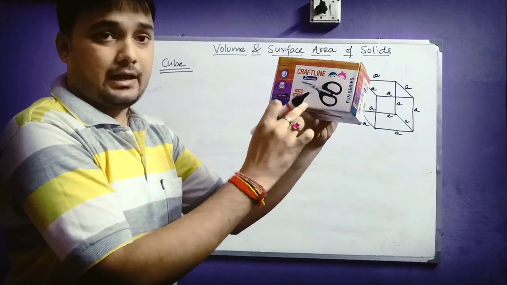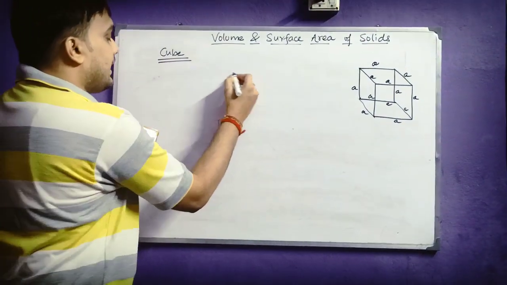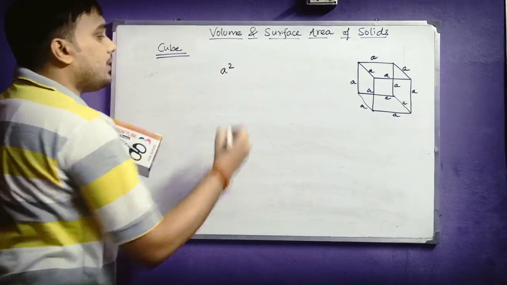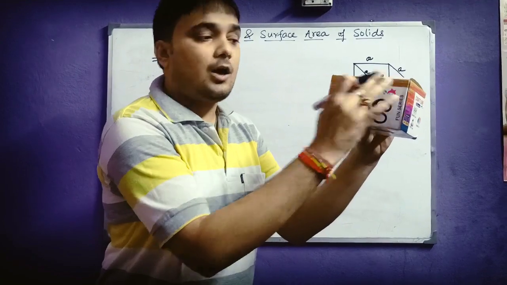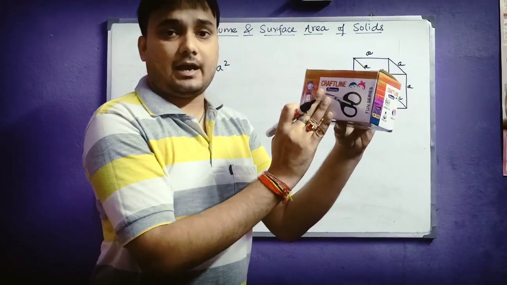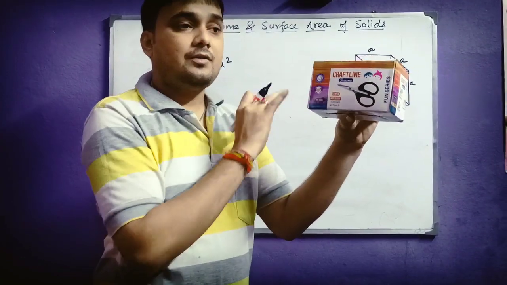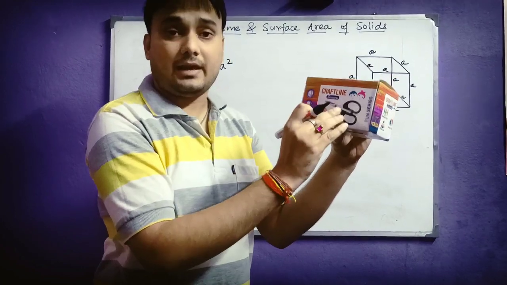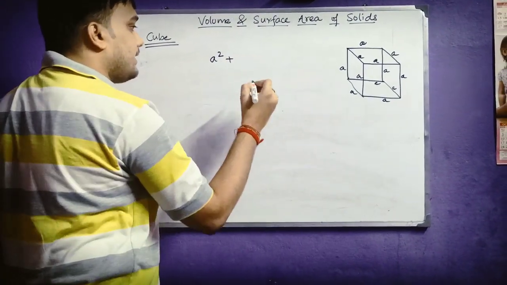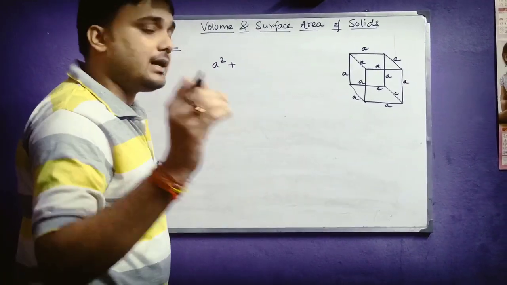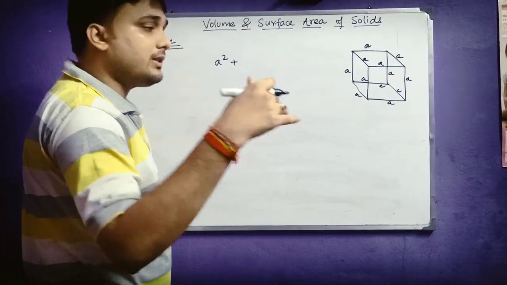If all sides are A, it will be side into side, that means A into A, that means A square. Similarly, this area is A square. How many same faces do I have? I have a total of 6 faces whose area will be A square. So if I add all these, 6 faces are there in a cube, and all the face areas are A square, as all the edges are A.